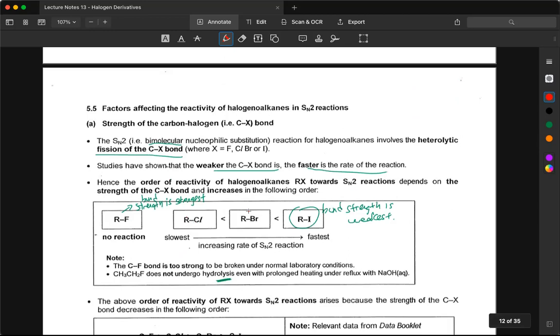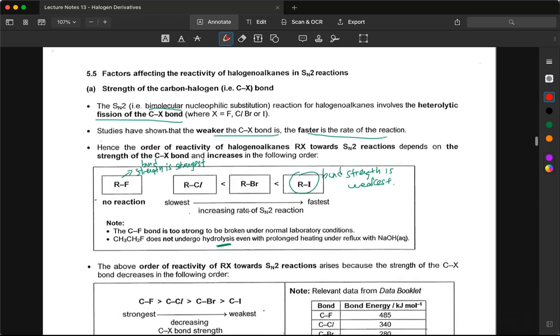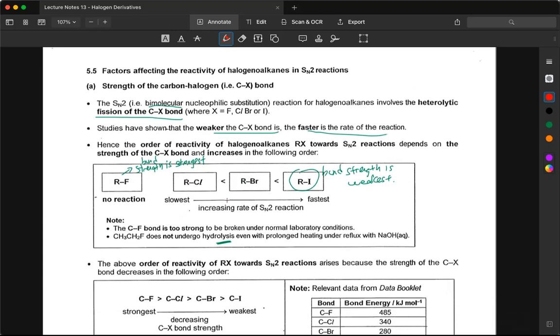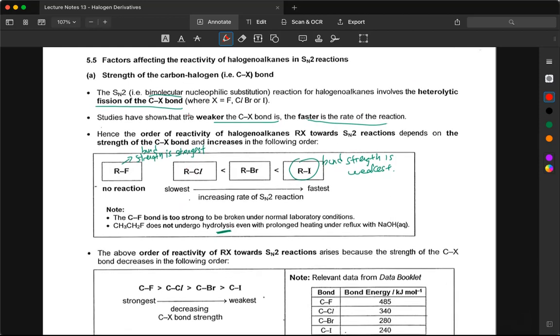Let's look at the factors affecting reactivity of halogenoalkanes, starting with the strength of carbon-halogen bond. SN2, which is bimolecular nucleophilic substitution, is a reaction for halogenoalkanes which involves the heterolytic fission of the C-X bond. Studies have shown that the weaker the C-X bond, the faster the rate of reaction.